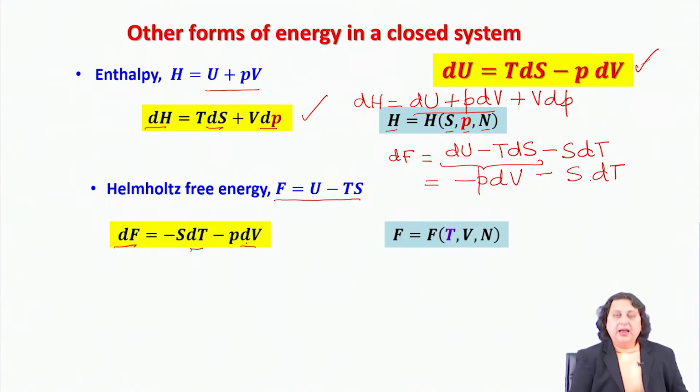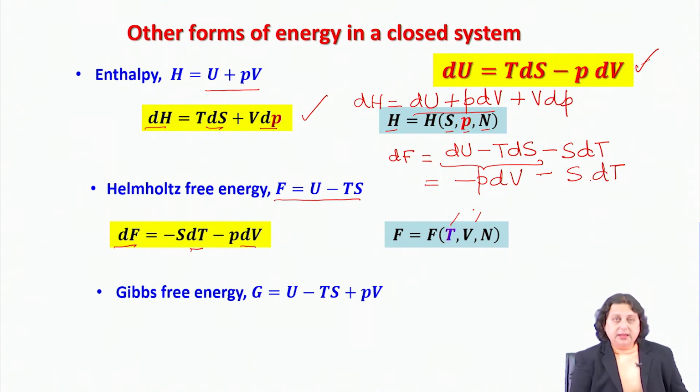And therefore, I can say that the variation of F depends directly on T and V. Therefore, under the situation where I am defining the equilibrium state of the system in terms of a specific value of temperature and volume, I can directly express F as a function of that temperature and volume in the closed system.